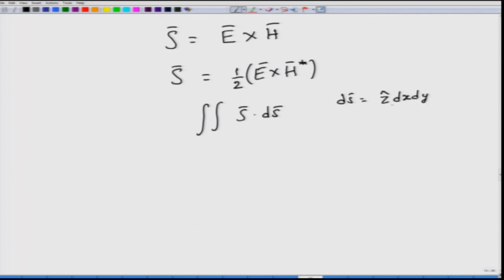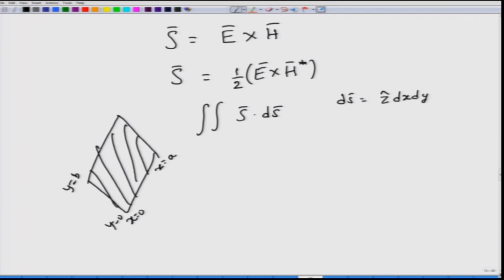I hope that you remember this surface integral concept, and whatever surface you consider which has certain bounds along, say, x equal to 0 to x equal to a, y equal to 0 to y equal to b, over this surface if you know what the S vector, the Poynting vector, is, then you can integrate over that limit and obtain the time average power that is being carried by this particular wave. So, this is the time average power.